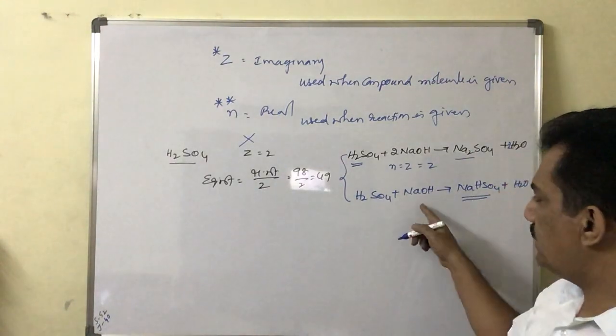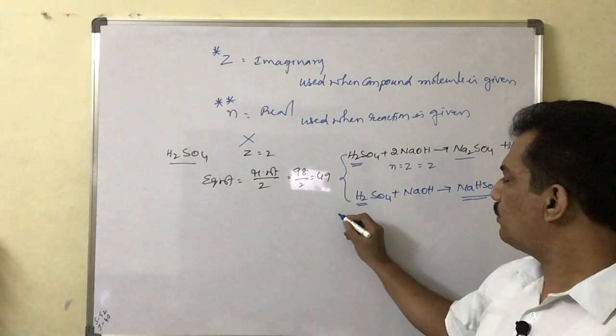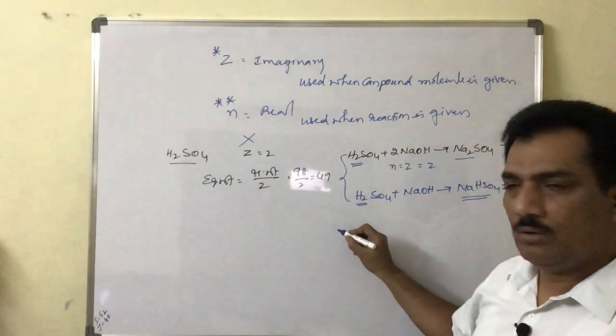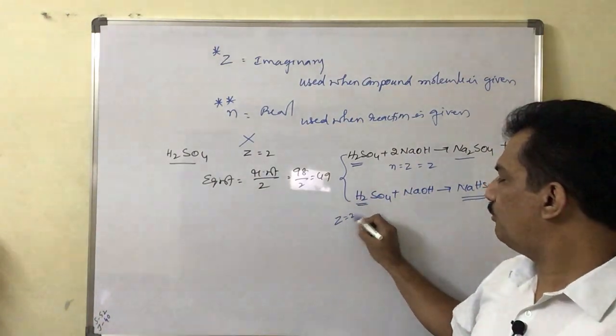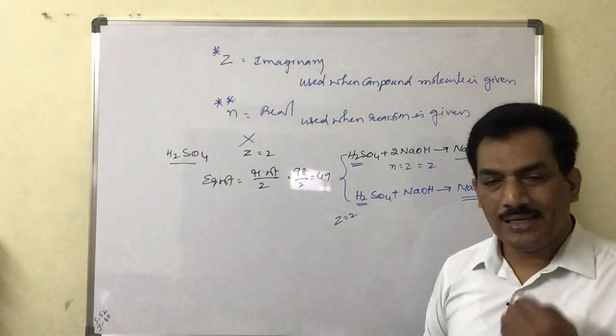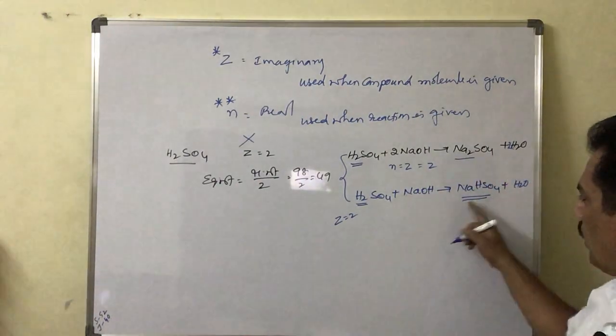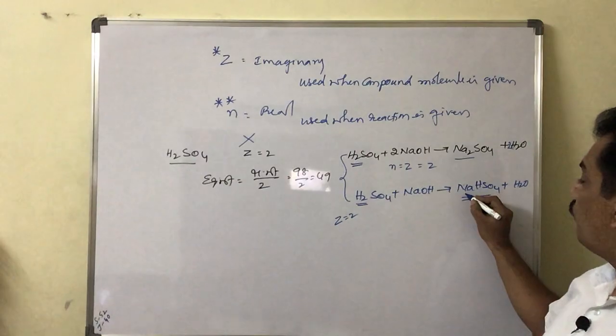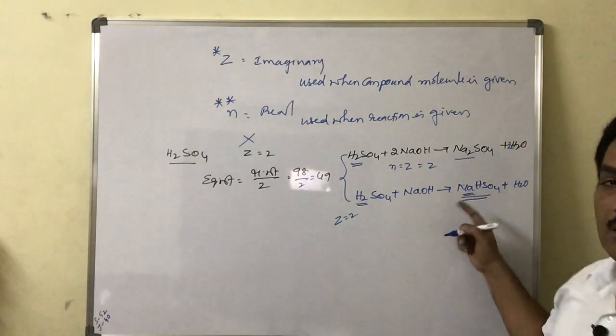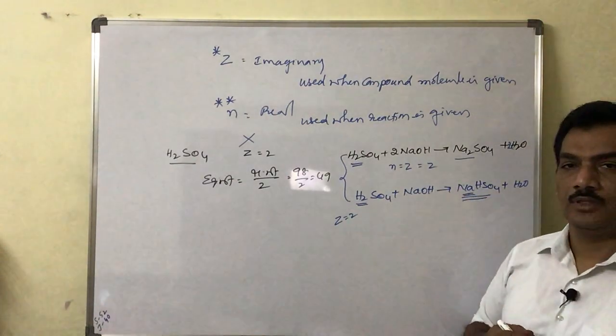But in the other case, by observing the molecule we assume the Z factor is 2, but really, when it is involved in the reaction, only 1 hydrogen is replaced, not both. Are you following this?